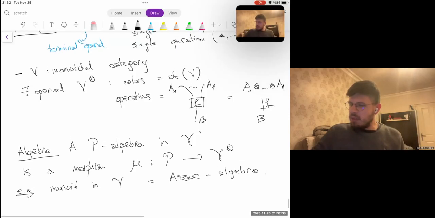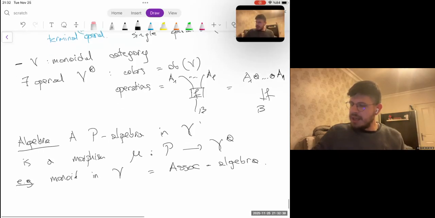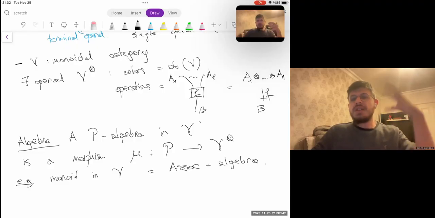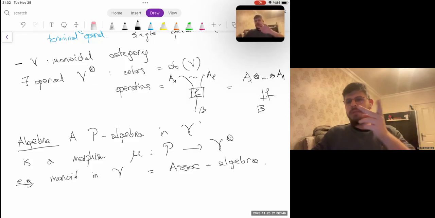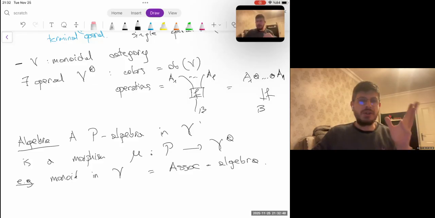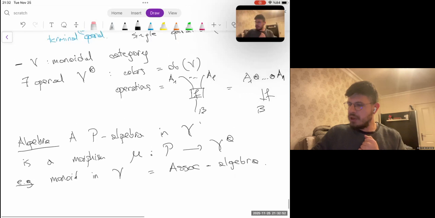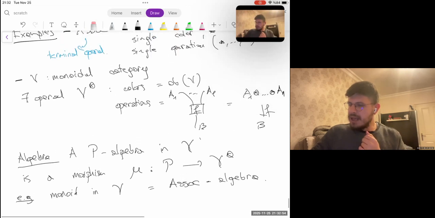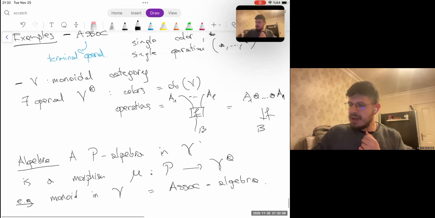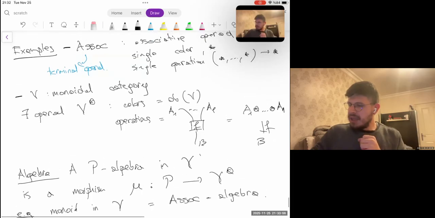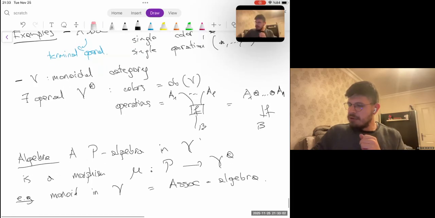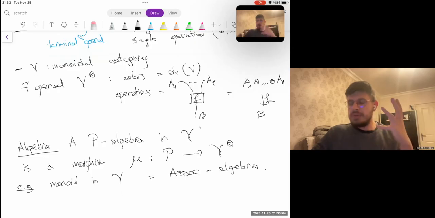So what I described here is what is called in the literature non-symmetric operads, or planar operads. We could have extra structure where we can permute inputs of operations. I'm going to restrict myself to this case for simplicity, and because the work I want to describe later is developed just in the non-symmetric case. But there are, as you can see, interesting examples already, monoids.